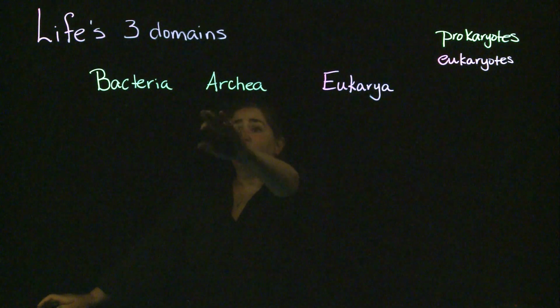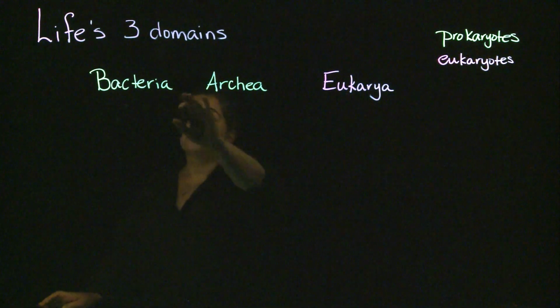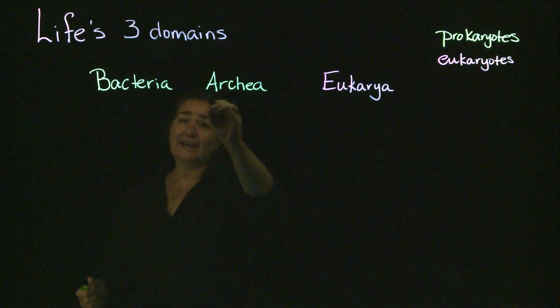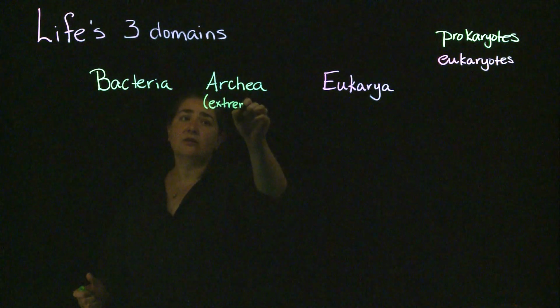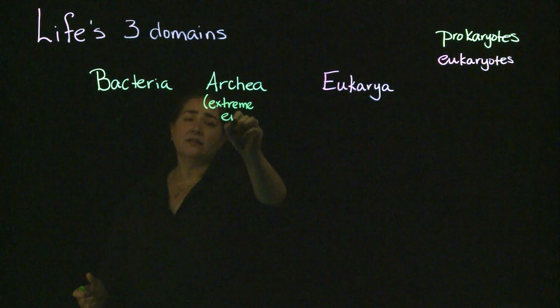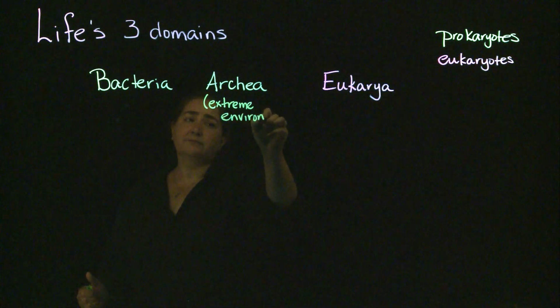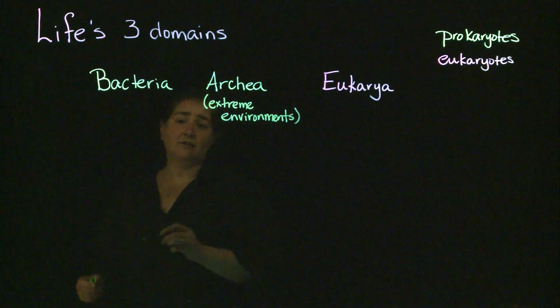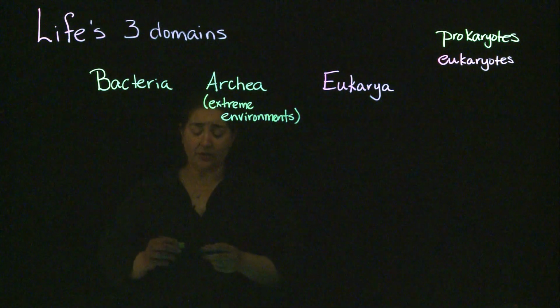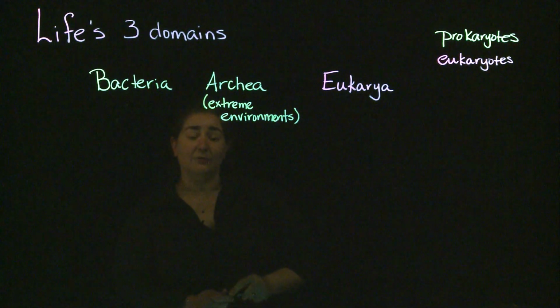But in terms of our classification, really the difference between bacteria and archaea is that archaea are located in extreme environments. So if you ever go to Yellowstone and they've got the thermal vents, there are organisms living in the thermal vents.